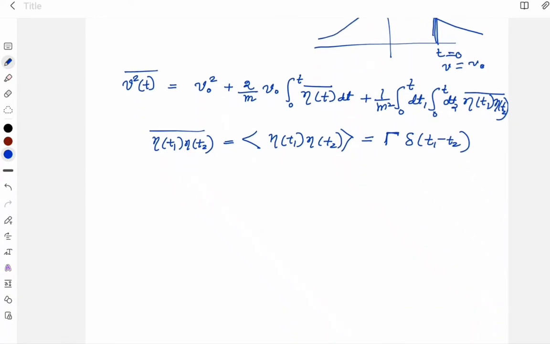Since this is the noise which is acting on the Brownian particle, it may depend on the properties of the Brownian particle. We will see as we go along.